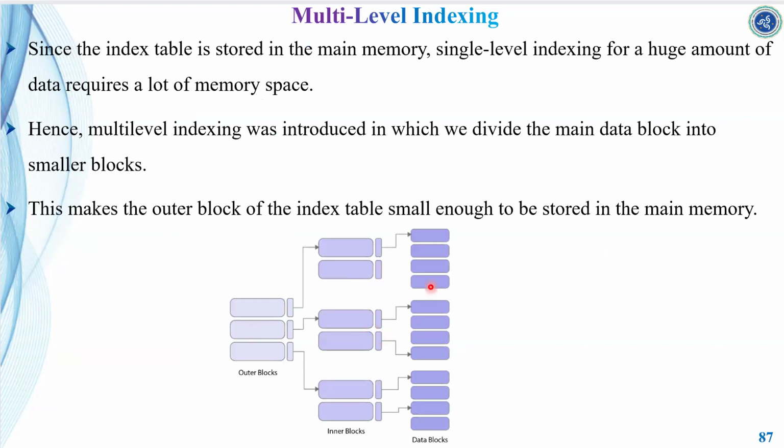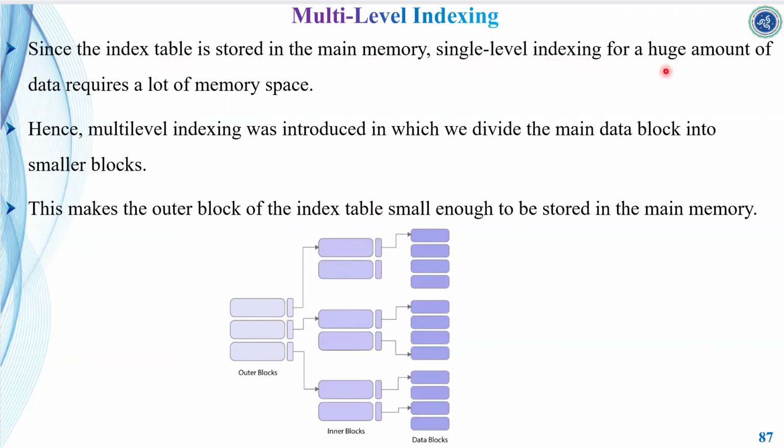So this is an example of multi-level indexing. This is the outer block, and there will be a pointer which will be pointing to the inner block. If you have another layer, that can also be created here. And finally, you will have the data blocks. In multi-level indexing, the index table is stored in the main table.